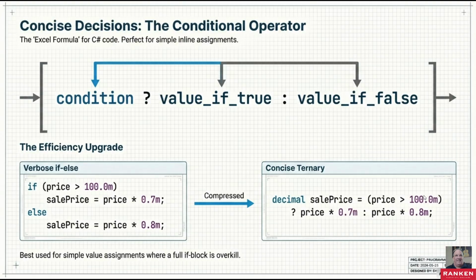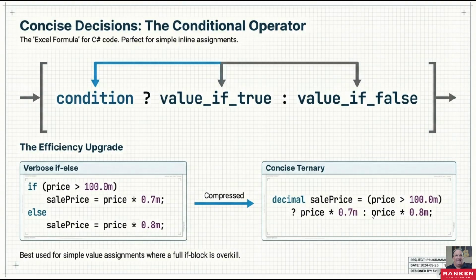So if it is true, then take price and multiply it by 0.7. Else, this colon here, okay, is the other option, which would be the false option, price times 0.8, right? So the first part here, price is greater than 100, is your condition. Price times 0.07 is what's going to be executed if it's true.